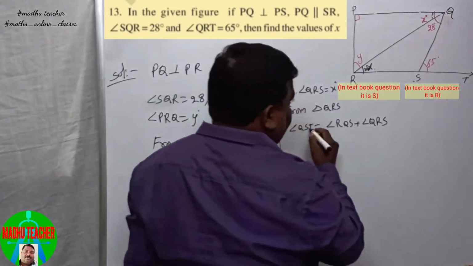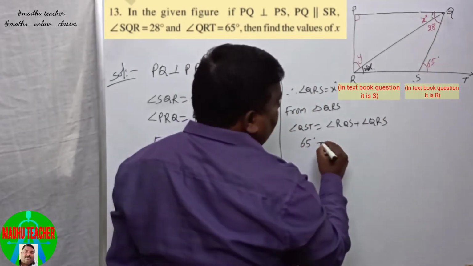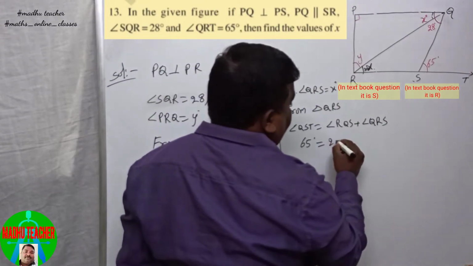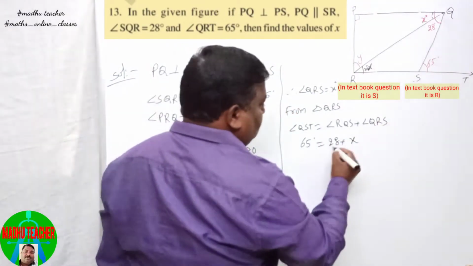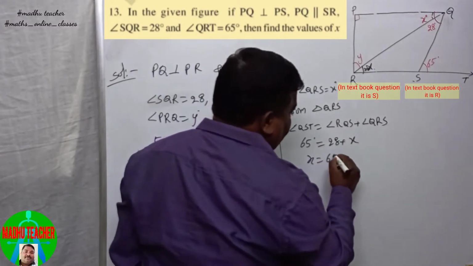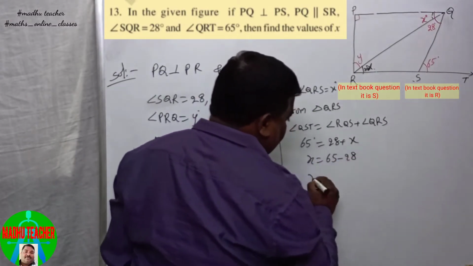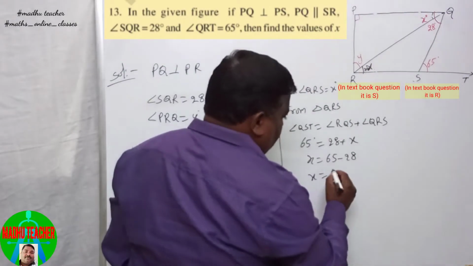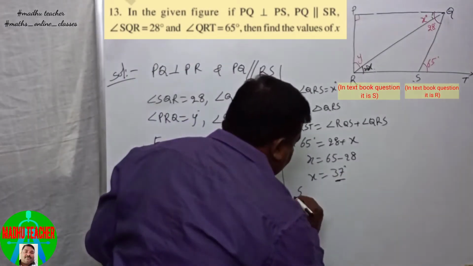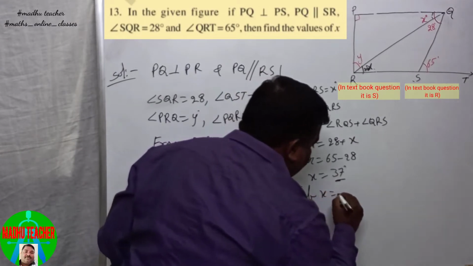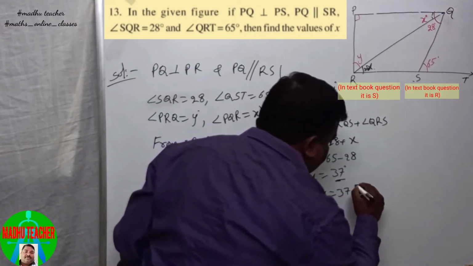These two angles. So that is 65 degrees equals RQS 28 degrees plus QRS, which is x. So x equals 65 minus 28. So x equals 37 degrees.